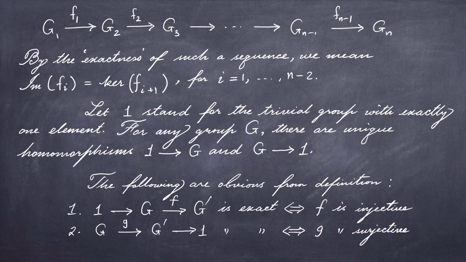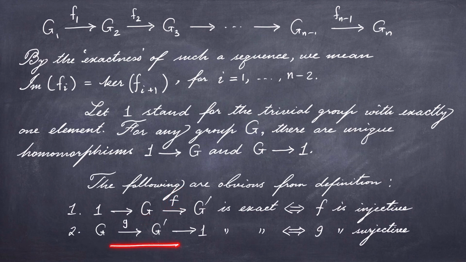The following are obvious from the definition. A sequence like this is exact if and only if f is injective, because the image here is nothing but the trivial subgroup, and exactness means the kernel is trivial, therefore f has to be injective.